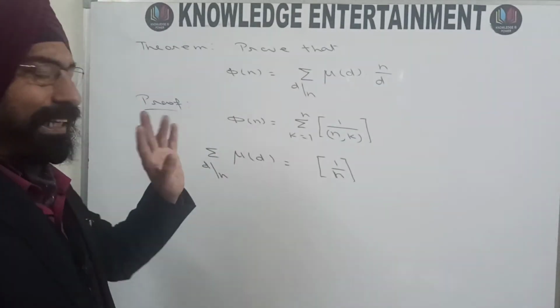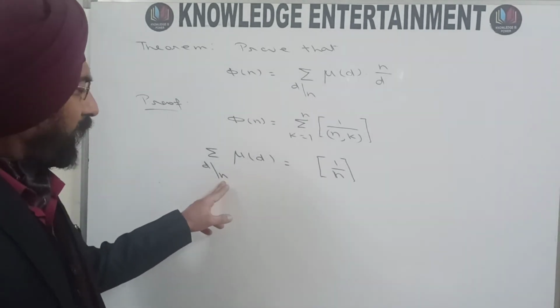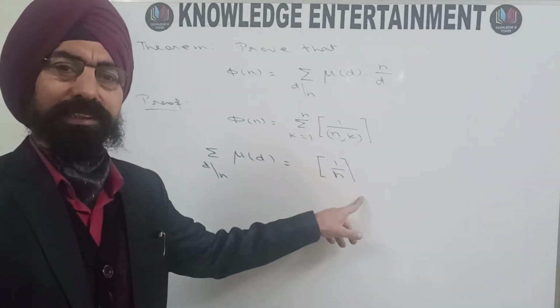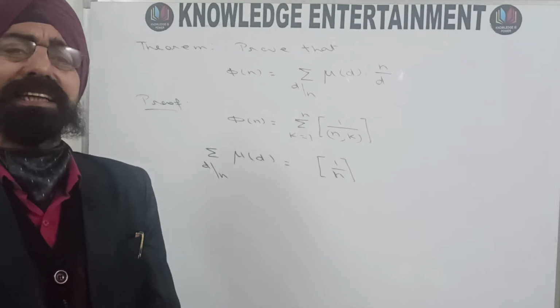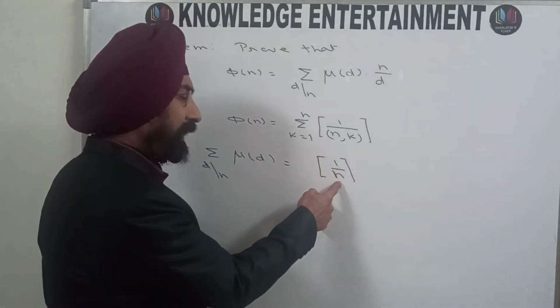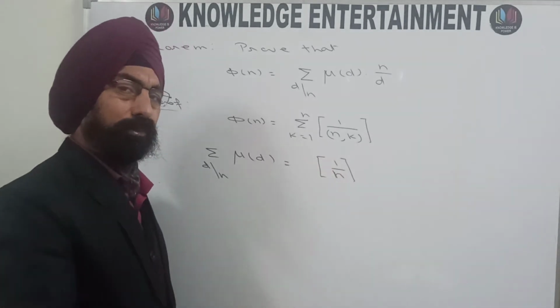If n is 1, then 1 upon 1 is 1 and the greatest integer function is 1. And if n is greater than 1, 1 upon something greater than 1 is 0 point something, and the greatest integer function of 0 point something is 0.